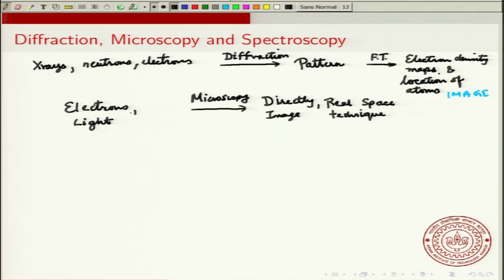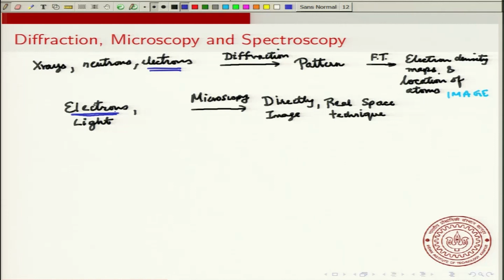Notice that electrons are used both in diffraction and in microscopy, and the fact that electrons can be used both to see the diffraction pattern and for microscopy turns out to be fairly useful.